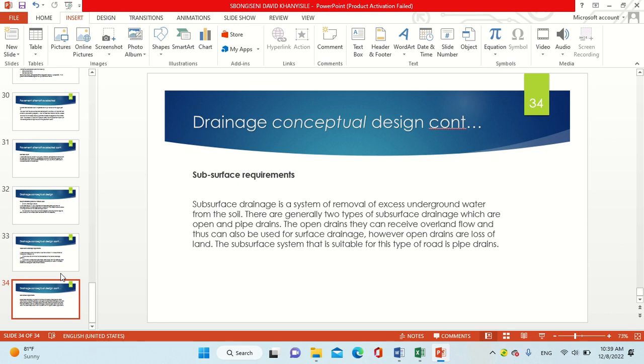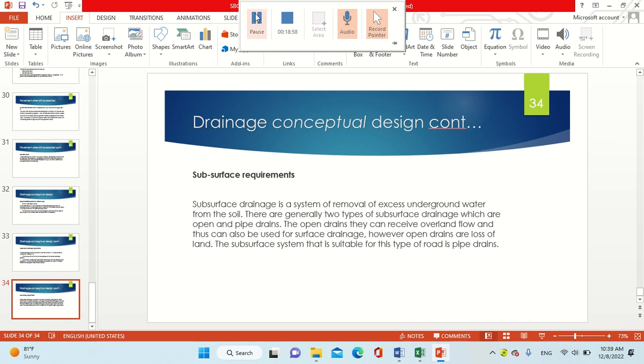There are generally two types of subsurface drainage, which are open drains and pipe drains. Open drains can receive overland flow, and can also be used for surface drainage. However, open drains take up land, and they can also be suitable for this type of road. There is also the pipe drain.